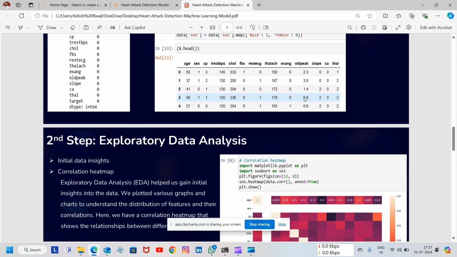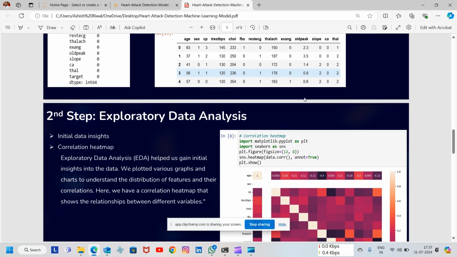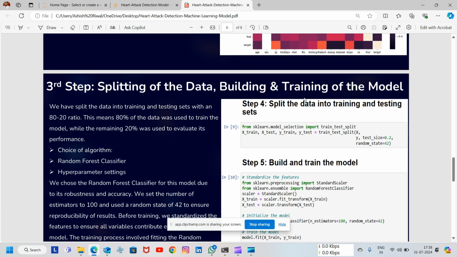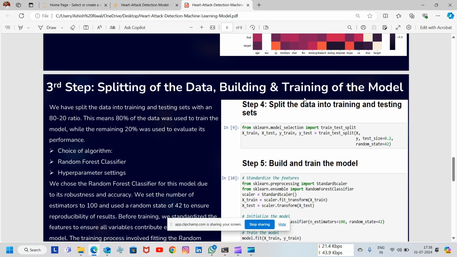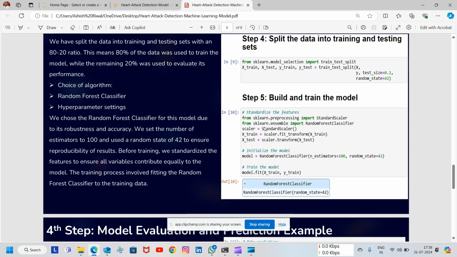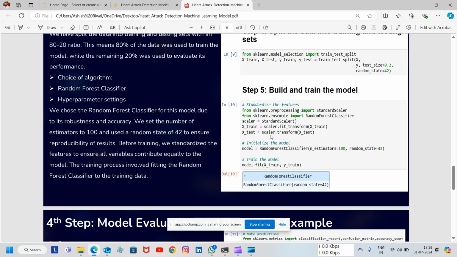Means there will be some high values and lower values, then the chances of bias will increase. So we will use scaling, means we will scale the data into a standard format, so there will be no bias generated by the data. That's why we are using the standard scaler. We will scale the training data and testing data also.